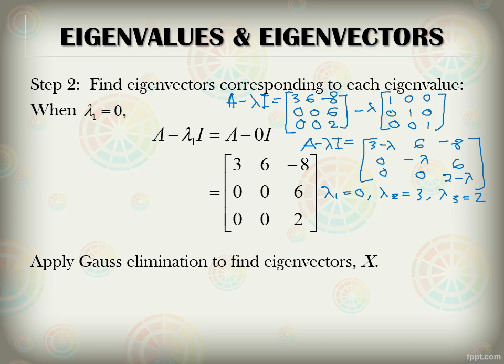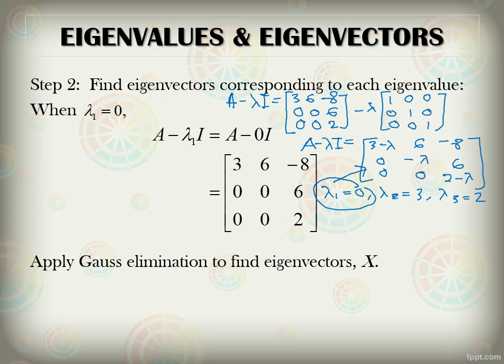So you're in the second step. What you need to do, you will solve the eigenvalues one by one by substituting the first eigenvalue inside this matrix, and then do the operation needed and find the eigenvector for this eigenvalue.